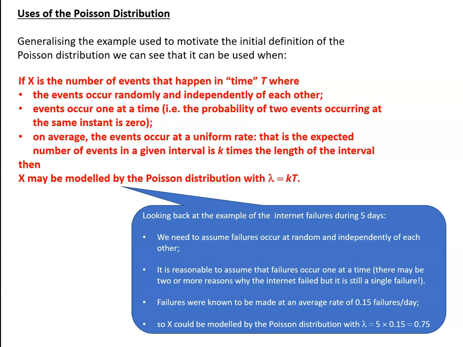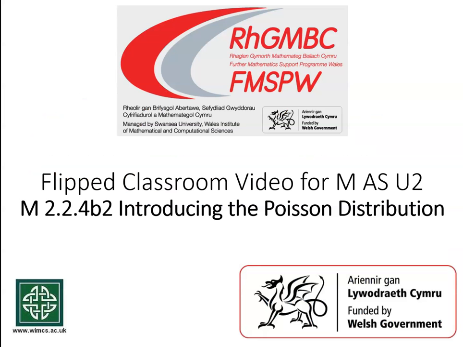Failures were known to be made at an average rate of 0.15 failures per day, and thus we could model X with the Poisson distribution with lambda equals 5 times 0.15, in other words 0.75. That concludes our introduction to the Poisson distribution, and in the next video we shall see how to use it.